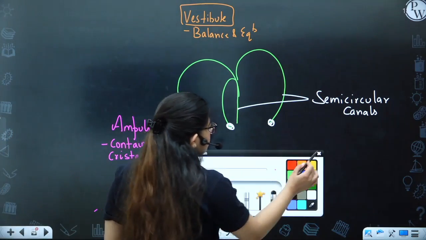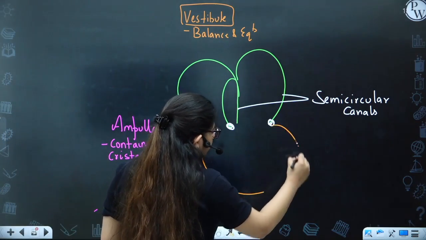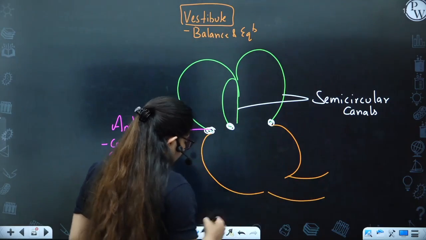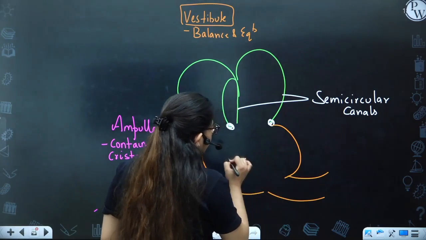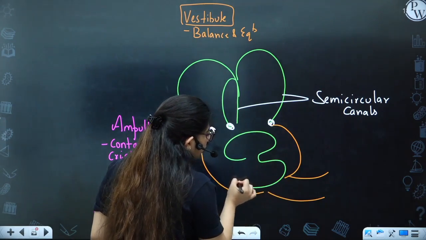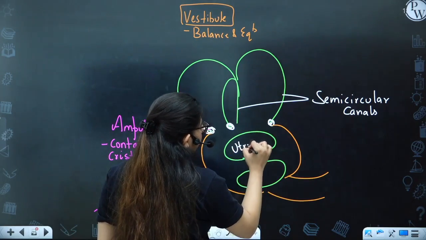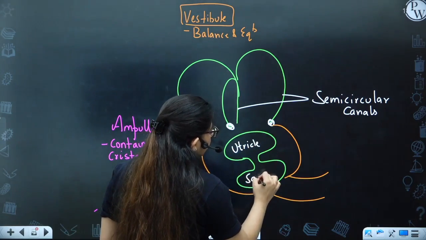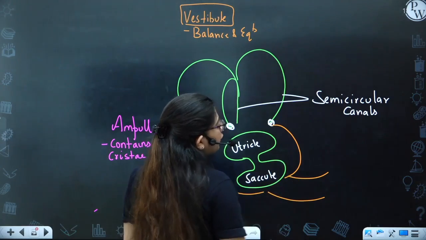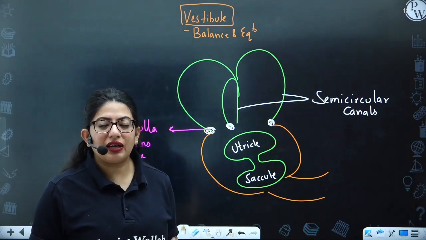And below this is this structure, and here the cochlea starts. Here we have two structures. One is the utricle, another is the saccule.